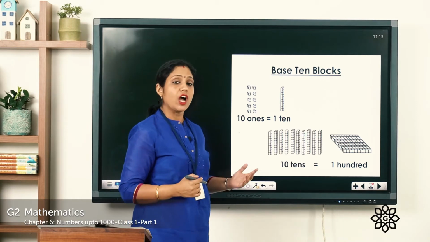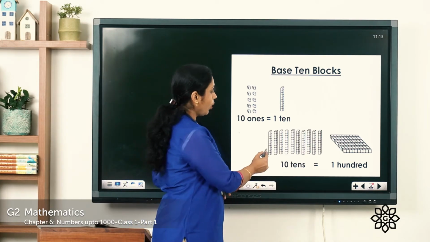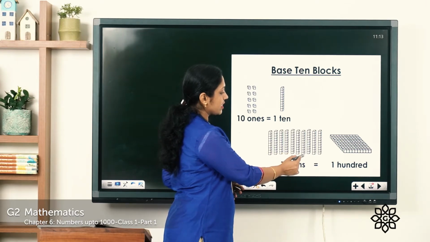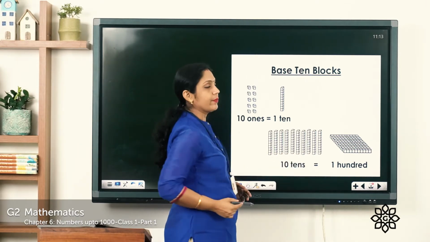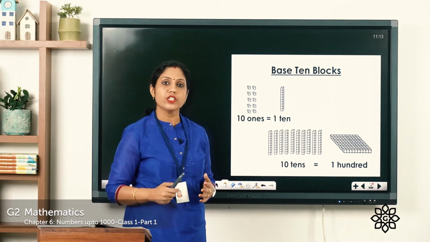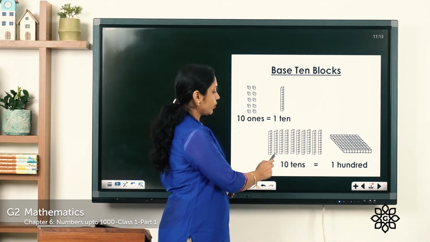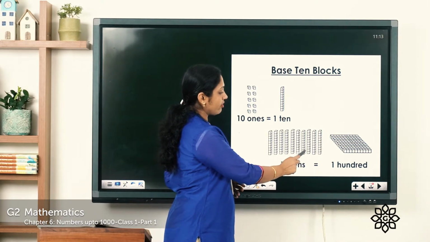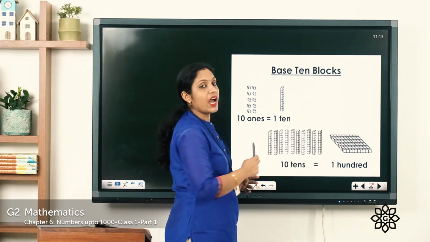So let's count how many blocks are here. 1, 2, 3, 4, 5, 6, 7, 8, 9, 10. So there are 10 blocks of tens. So how much will it be? 10, 20, 30, 40, 50, 60, 70, 80, 90, 100.